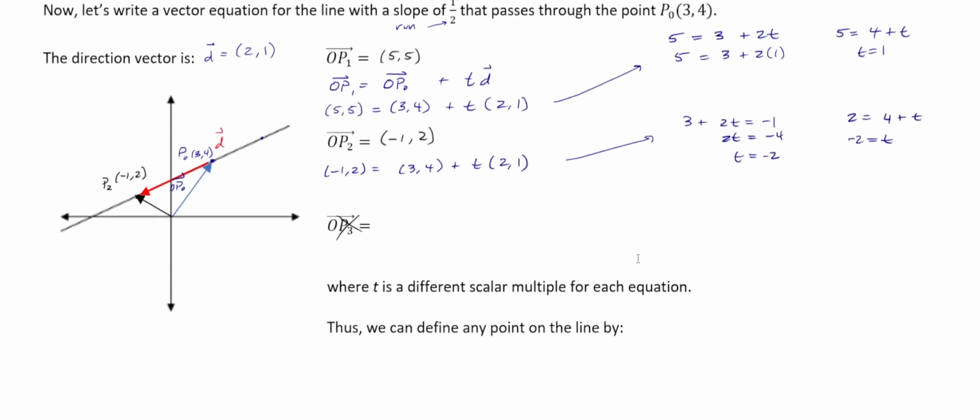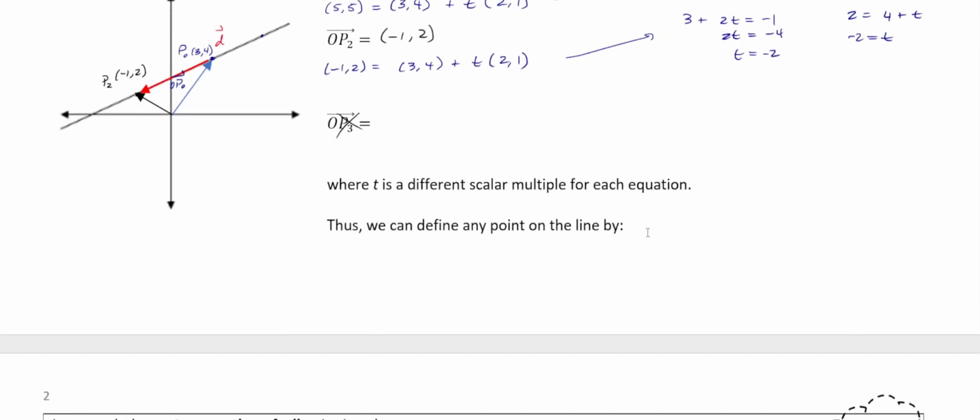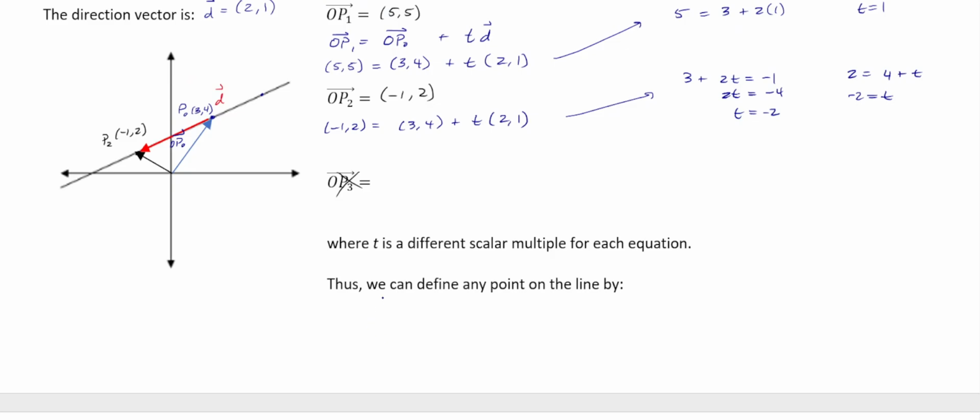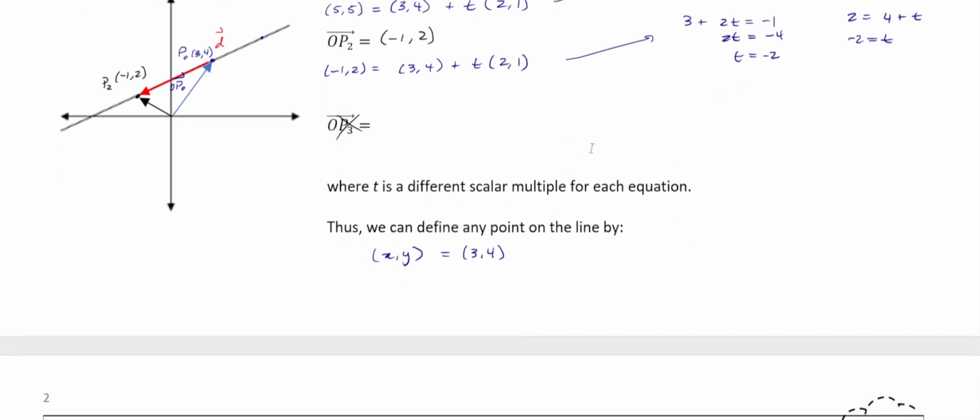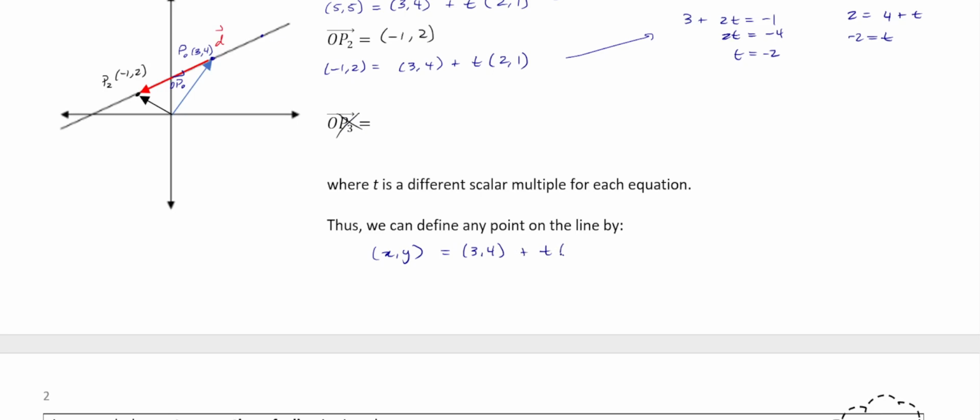Okay, so we can define any point on this line. So any xy value, we can get a vector that points to any xy value on this line, right? We can get one of these position vectors that points to any xy value on this line by taking that original position vector, which was 3, 4, so that was the given point, plus t times its direction vector.